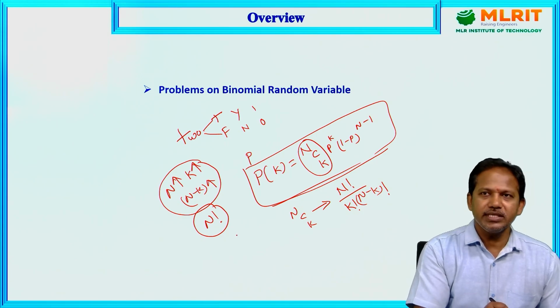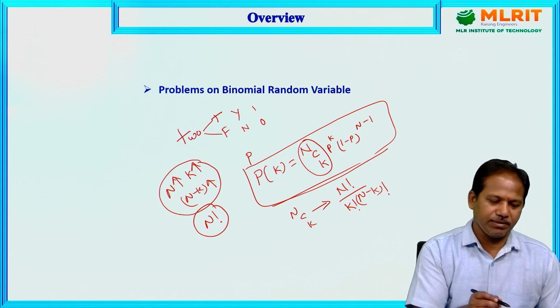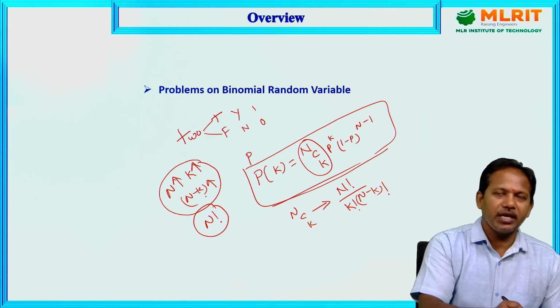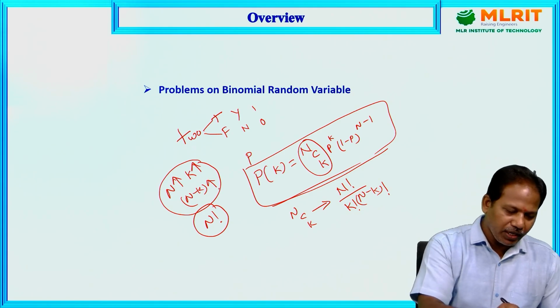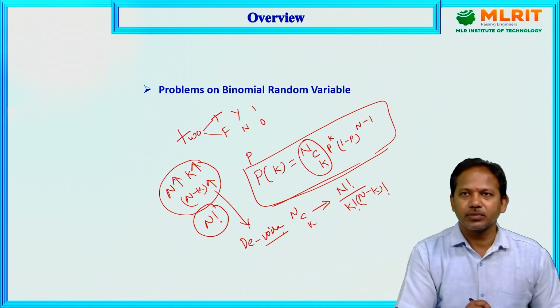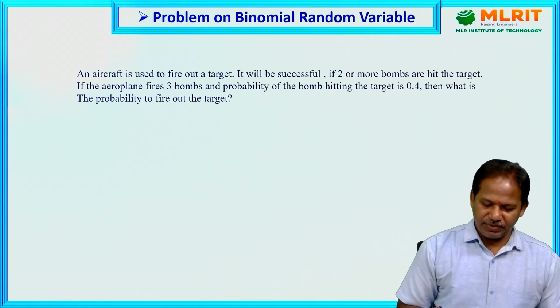To do this type of problems, we use the de Moivre Laplace approximation, that is, when n is very large, k is very large, and n minus k is also very large. Now, what is this de Moivre Laplace approximation?